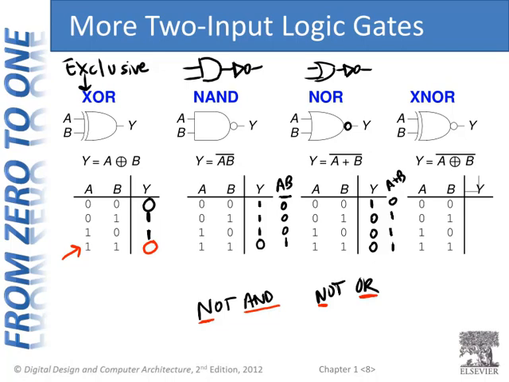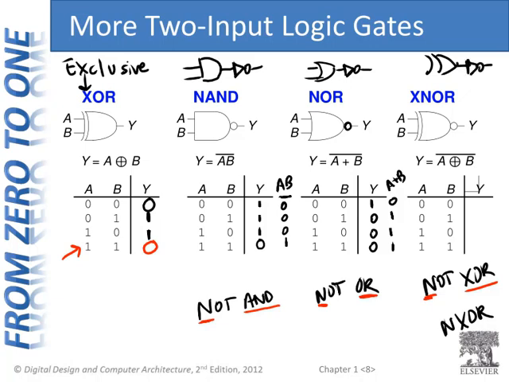Now, XNOR would have been nicer if we could have said not XOR. So if we could have called it a not XOR, it's just too hard to say. That's really what it is. It's a not XOR gate, so it's the inverse. Here's our XOR gate.